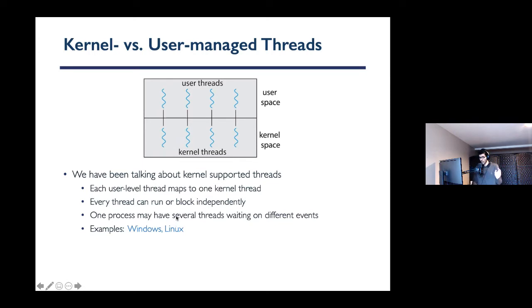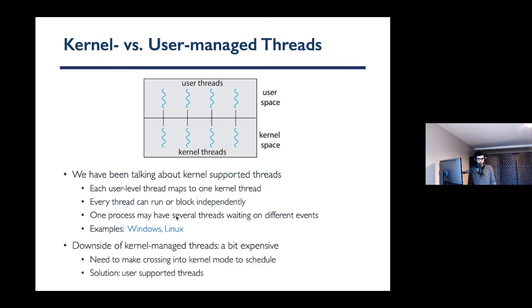So this is a way to go. You have the support, you can use it, and it's fine as long as you don't have a heck of a lot of threads to manage. The downside of this model is that it's a little bit expensive because you're constantly using system calls. For every single thing that you want to do with your threads, you're calling system calls.